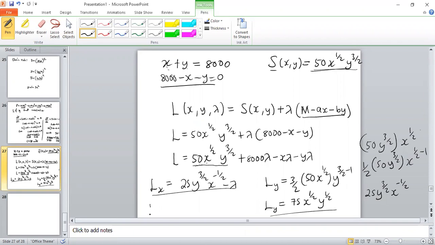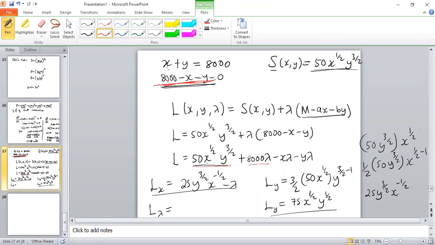Now we differentiate with respect to lambda. When you differentiate with respect to lambda, this is what you expect to get as your answer, always. There is no lambda here, so it's 0.